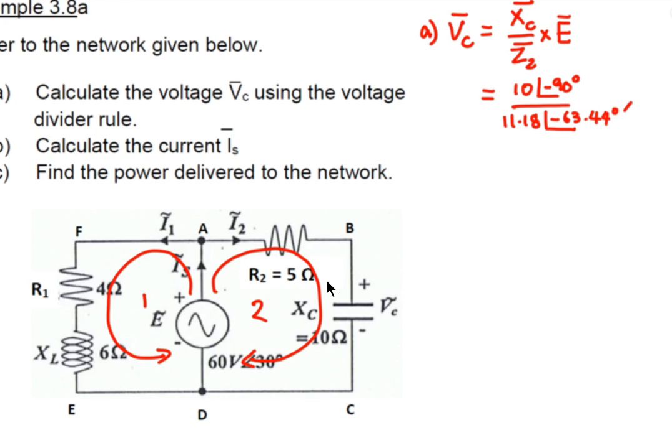Multiply by 60, the voltage, with the angle of 30 degrees.